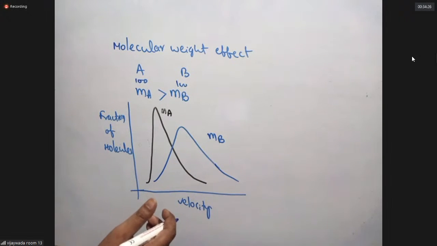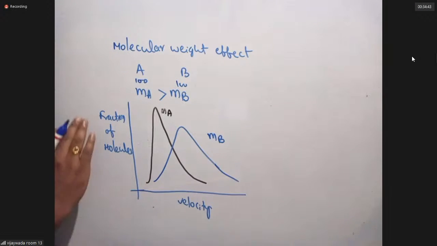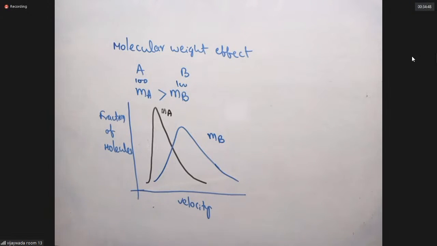The velocity is also very high compared to A gas molecules. So in case you get a question on three different masses of gases, then you can expect this kind of graph. So students, this is about Maxwell Boltzmann distribution curves.